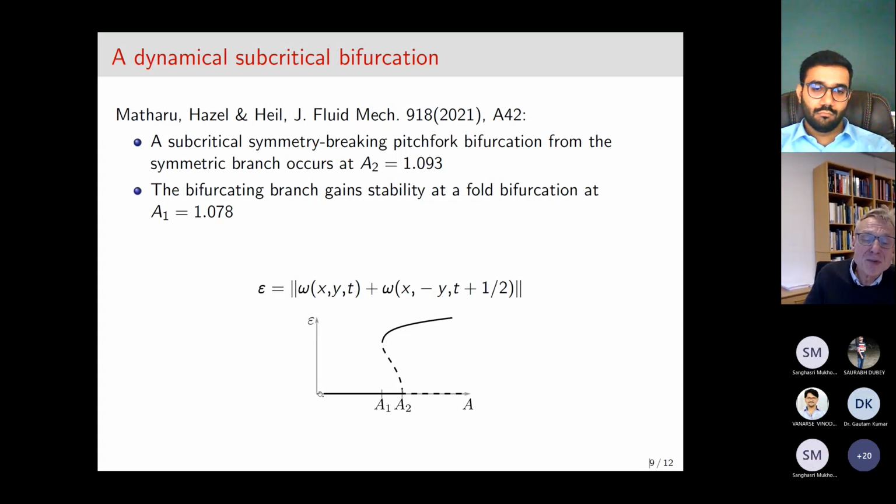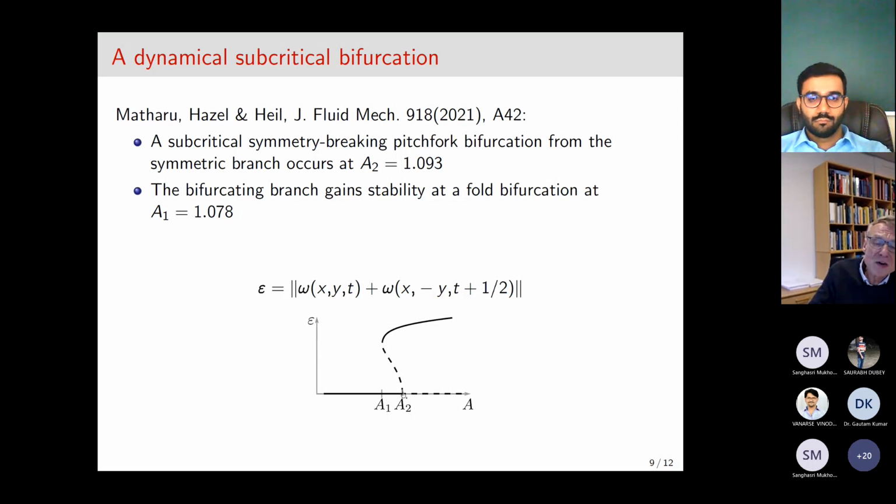So there is a branch for low values of the forcing amplitude. There is a family of symmetric solutions as the one we have seen before, but then at some value A2, which is 1.093 for Reynolds number 100, this branch loses stability. It still exists for a higher value of A, but it has lost stability.